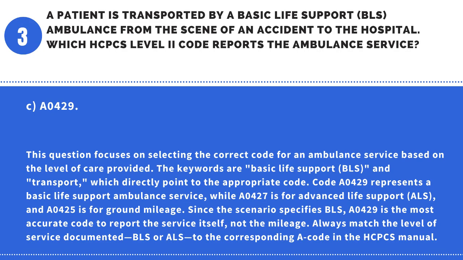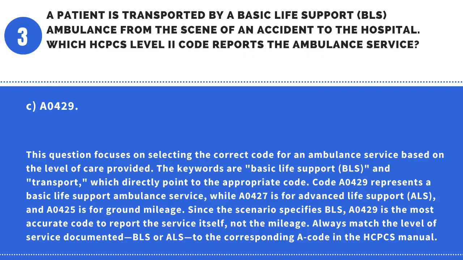Answer: C. A0429. This question focuses on selecting the correct code for an ambulance service based on the level of care provided. The keywords are basic life support, BLS, and transport, which directly point to the appropriate code. Code A0429 represents a basic life support ambulance service, while A0427 is for advanced life support, ALS, and A0425 is for ground mileage.